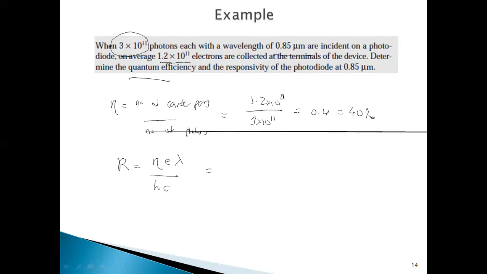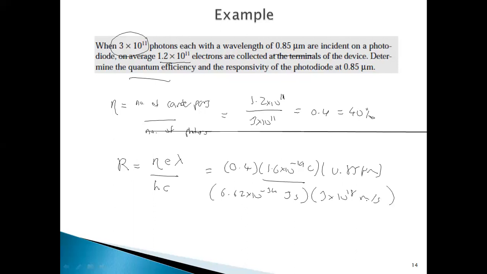We know from the first question just now that the quantum efficiency is 40%, or simply 0.4. The charge amount is 1.6 times 10 power of negative 19 coulomb. The lambda is 0.85 micrometer, divided by h, which is equal to 6.62 times 10 power of negative 34 joule second, and c is 3 times 10 power of 8 meter per second.